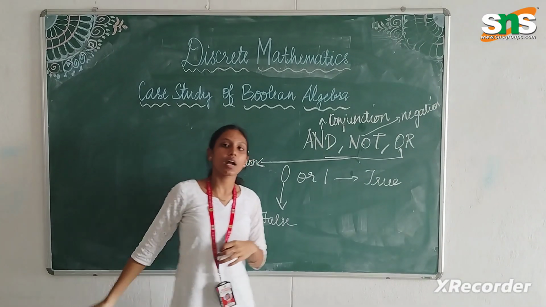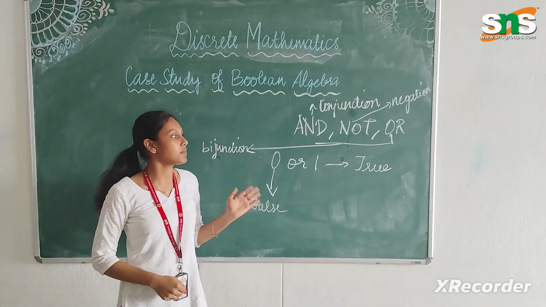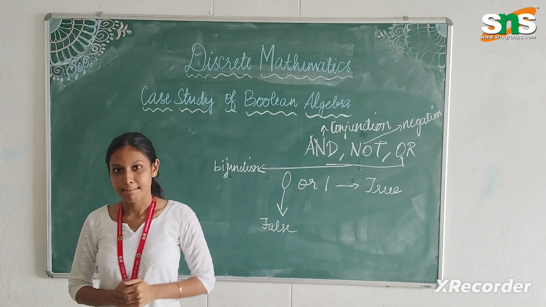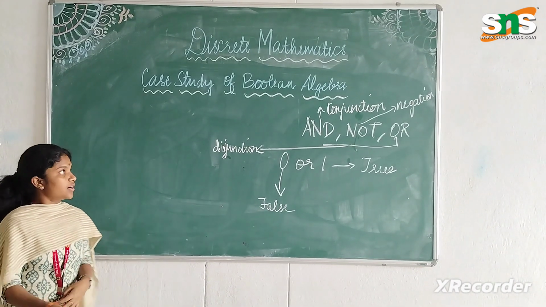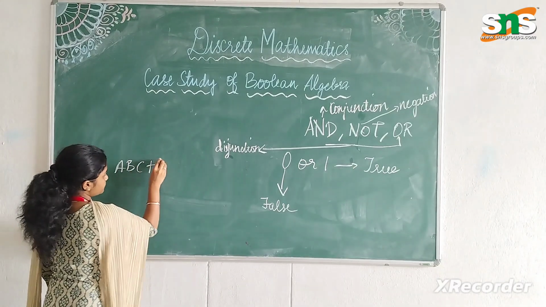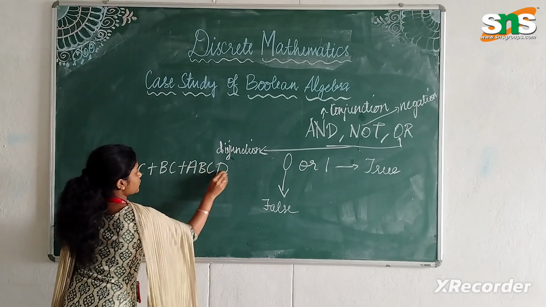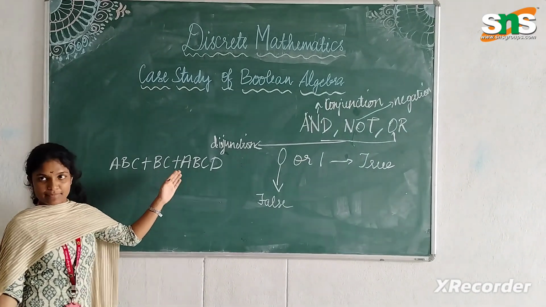Boolean algebra helps in simplifying complex logic problems and designing logic circuits. Today we'll see a case study on Boolean algebra. For example, there's an expression like ABC plus BC plus ABC.